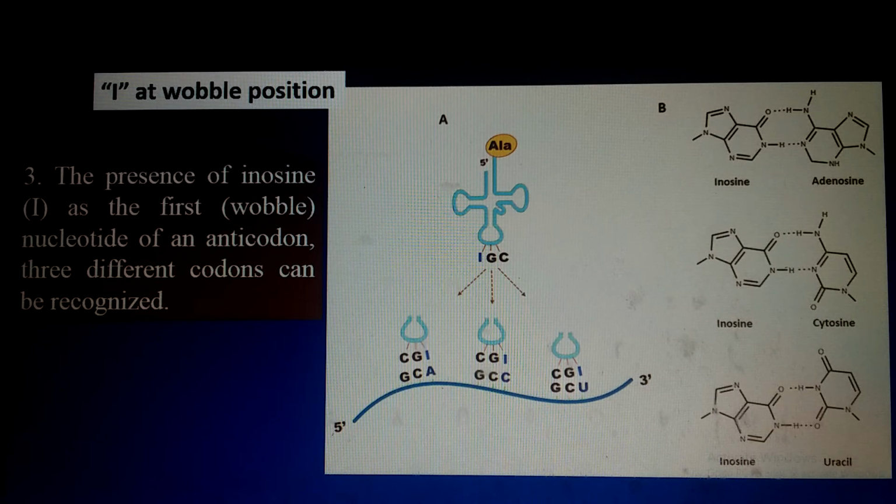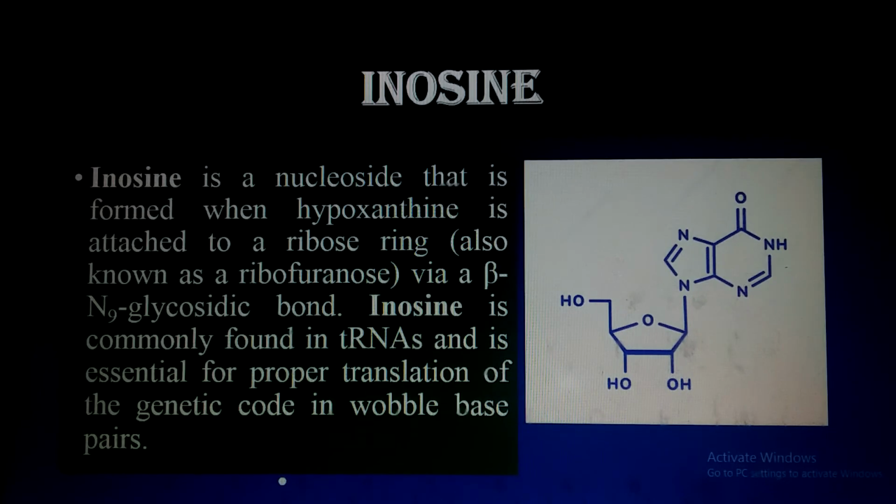Is it clear? Okay. Now, what is inosine? Inosine is a nucleotide that is formed with hypoxanthine. As you are familiar, adenine, guanine, cytosine, thymine, uracil are attached at position number 1 of the ribose sugar. You are familiar with the normal nucleotides, but this is not the normal case. This is the Wobble case.